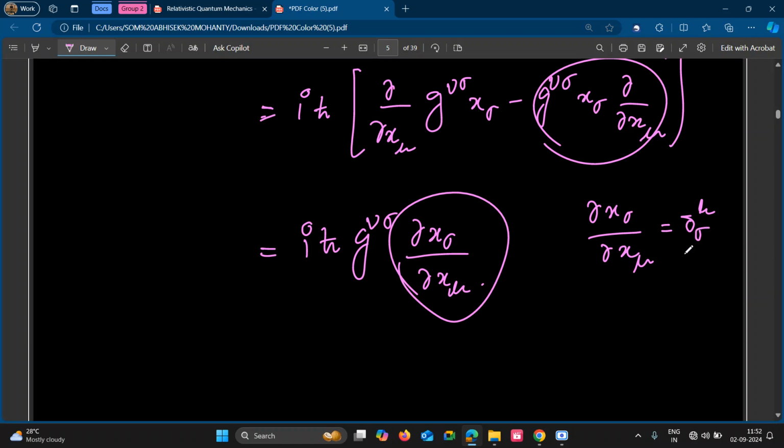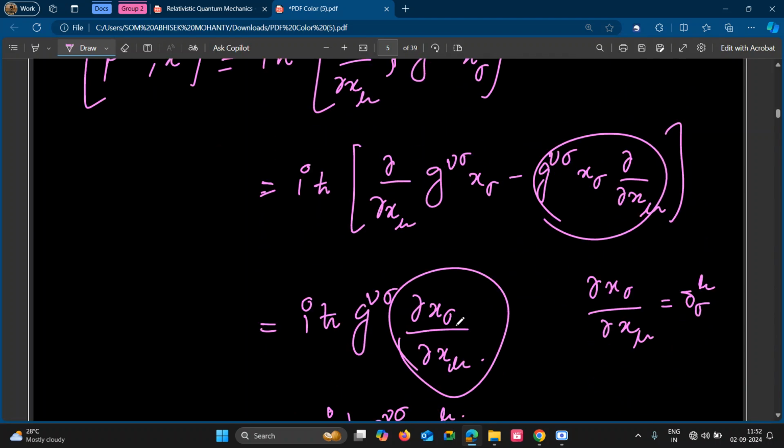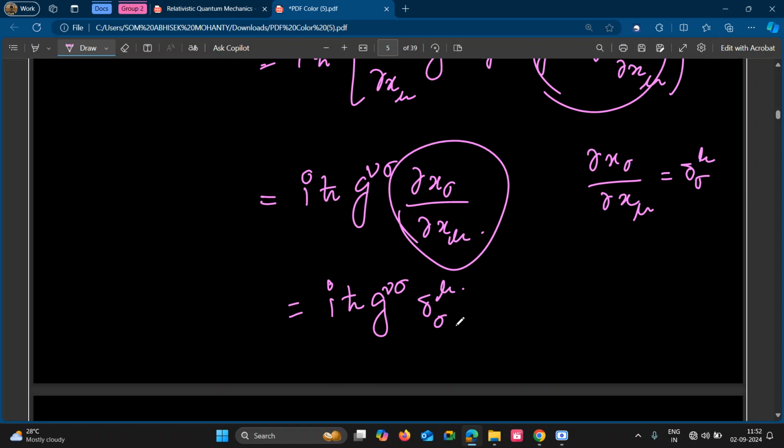Okay, see, you don't get confused again. So I can write i h cut g nu sigma, delta sigma mu, is equal to delta, cancel out, g nu mu. So this one, sigma sigma cancel out, i h cut g mu nu.